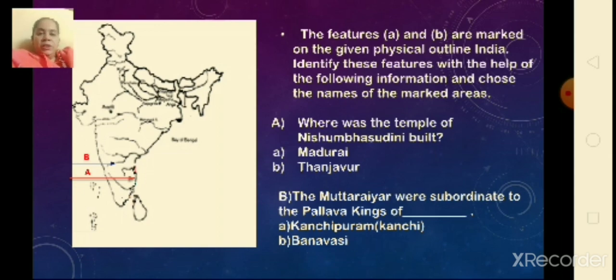Now, the question says, the features A and B are marked on the given physical outline map of India. Identify these features with the help of the following information and choose the names of the marked areas.